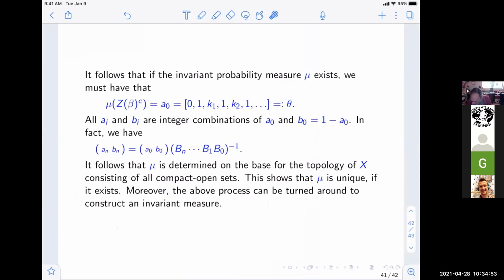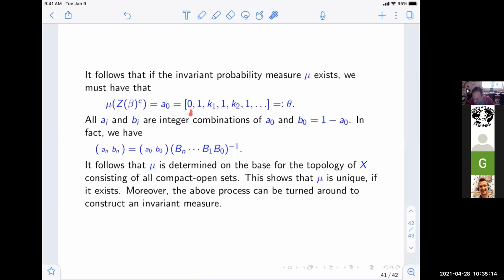So that's the number that we call theta. Now, it's true that the k_i's don't all have to be non-zero, but since infinitely many of them are non-zero, this is actually a well-defined continued fraction. And we do get this irrational number theta.